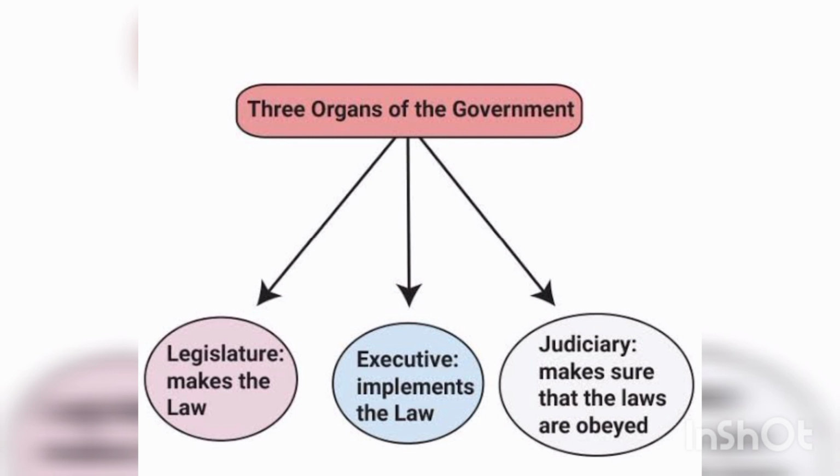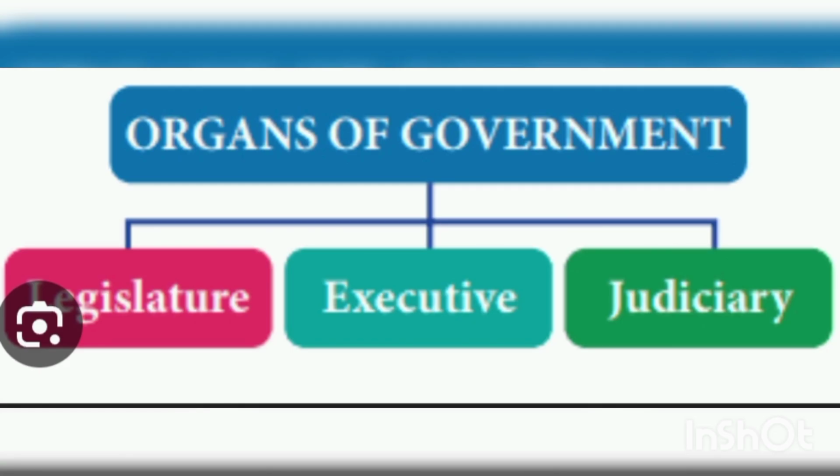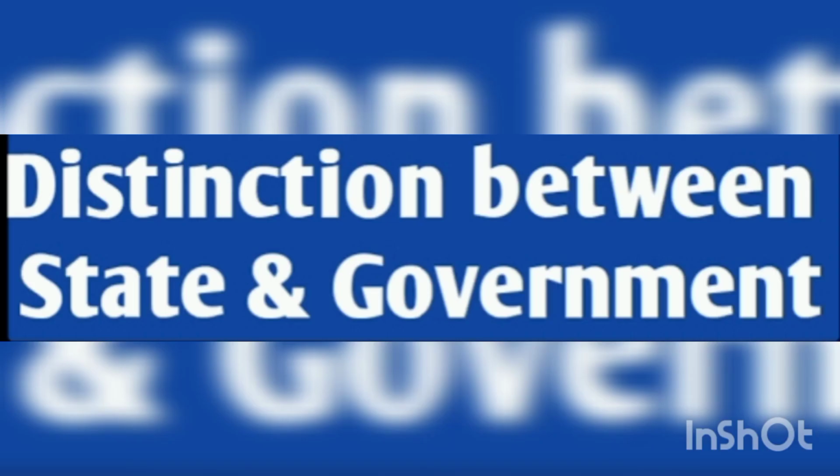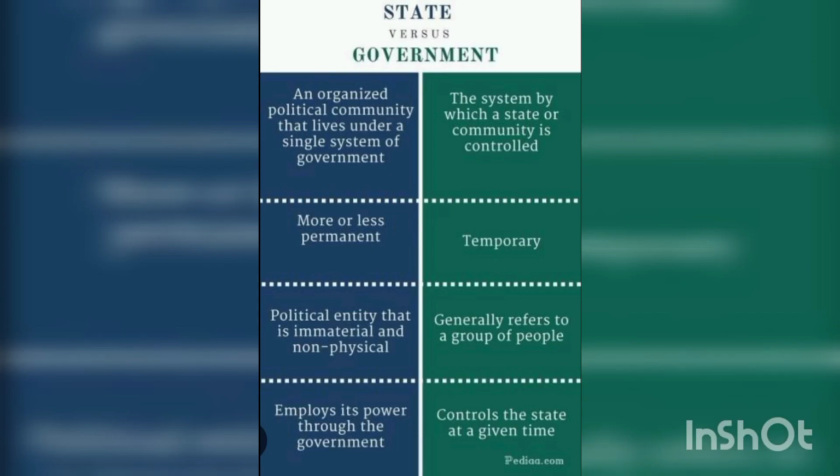So the law making function of the government is done by the most important organ of the government, that is the legislature. The laws which are made by the legislature are implemented by another organ of the government, that is called the executive. So executing of laws is done by another branch of the government, that is called the executive. Those laws which are already made and executed by the legislature and executive are protected by another branch of the government, that is called the judiciary.